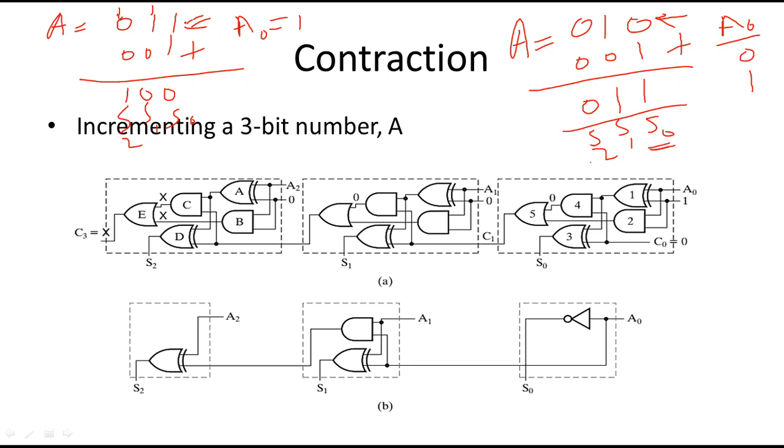If A0 is 1, then S0 is 0. So here for simplification we can just add a NOT gate for that. So if A0 comes as input, we can just add a NOT gate and it reverses that bit and outputs it at S0. Similarly, if it is 1, then S0 is 0.